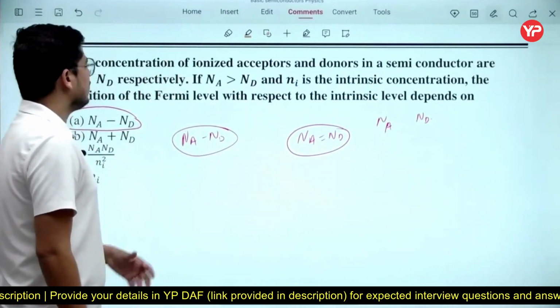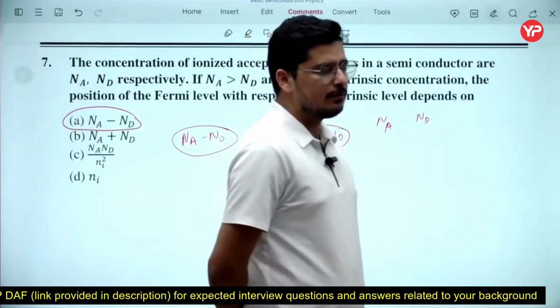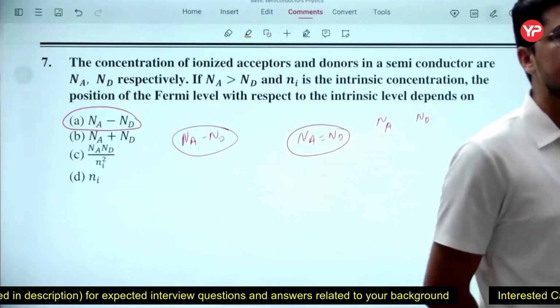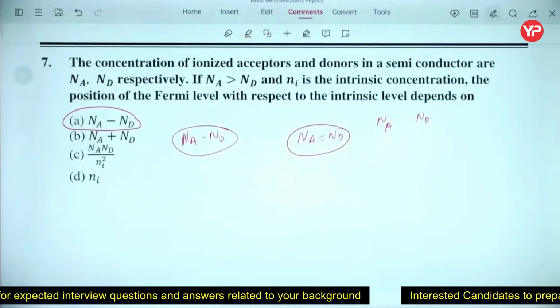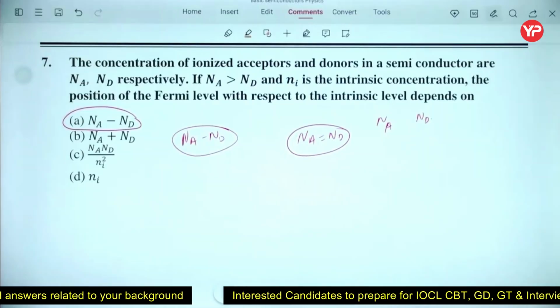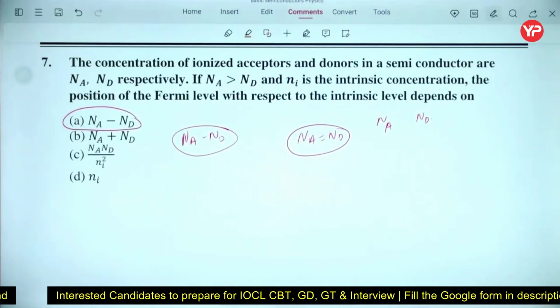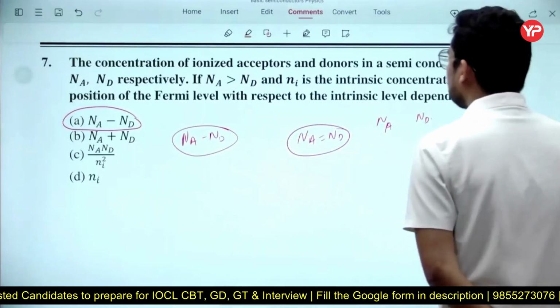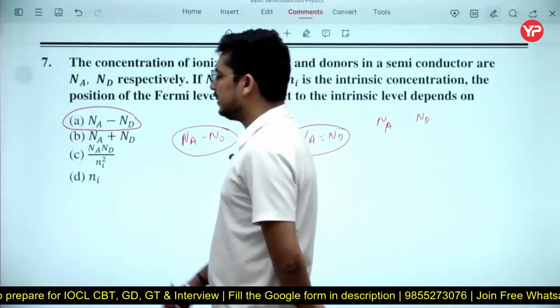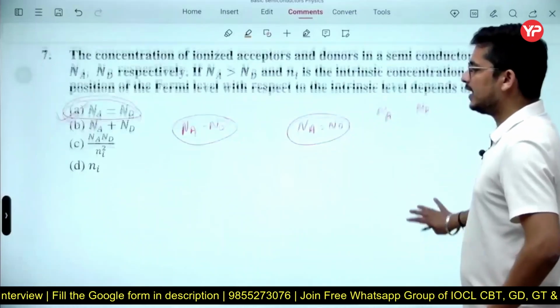In this type of semiconductor, where we introduce both acceptor and donor impurity, and acceptor impurity is greater than the donor impurity, that type of semiconductor generally behaves as a p-type semiconductor. And the Fermi level, as you already know, in a p-type semiconductor will be lying near the valence band. So it will depend on that thing, Na minus Nd.